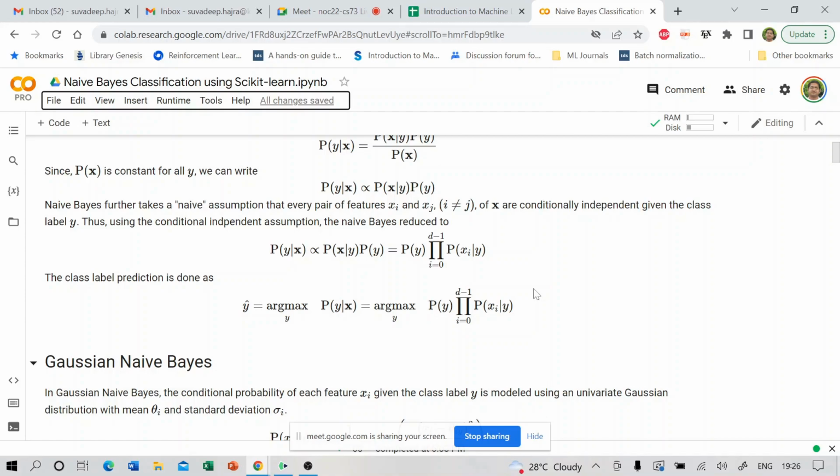Okay, so if there are say k classes, then for each feature how many distributions do we need?